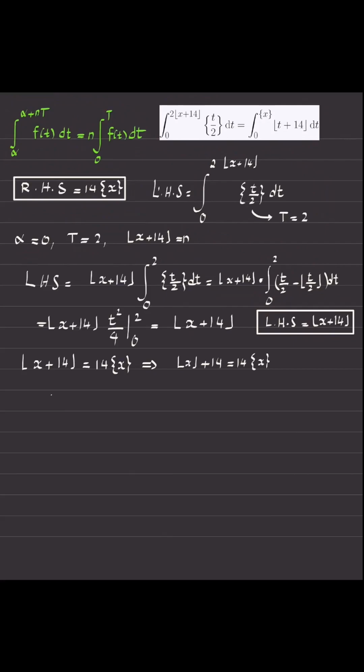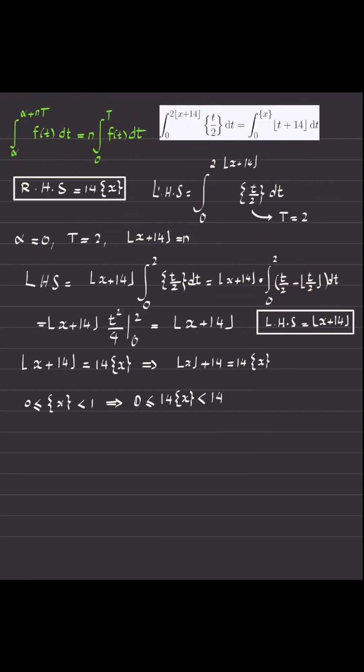But I just told you the fractional part of any number is between 0, including 0, up to 1, excluding 1. So if I multiply everything by 14, it becomes 0 less than or equal to 14 times the fractional part of x, less than 14.